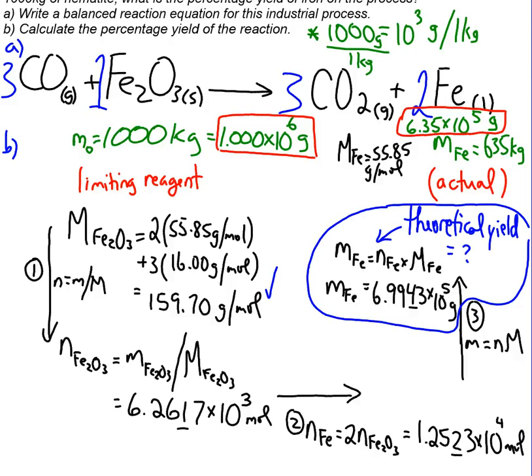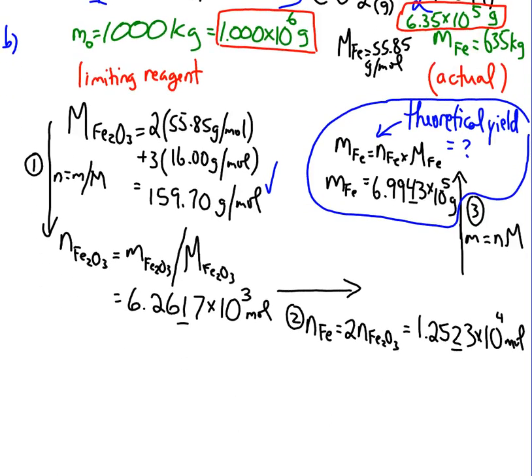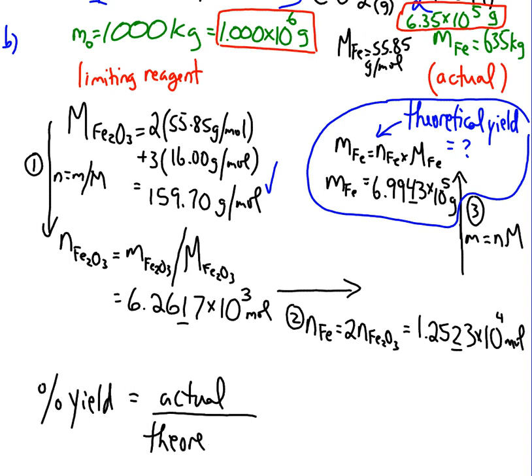Now, with that, the calculation of percentage yield is fairly simple. We have percentage yield being equal to the ratio of the actual divided by the theoretical, or maximum, times 100.